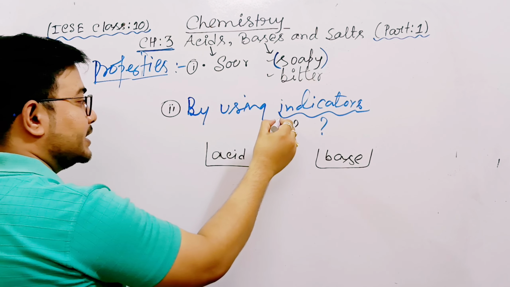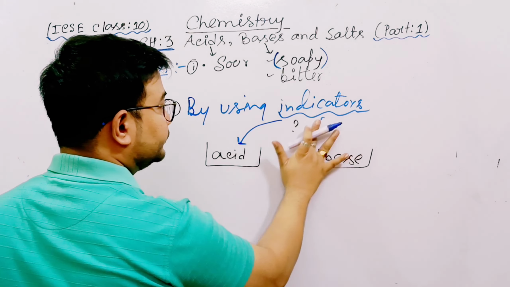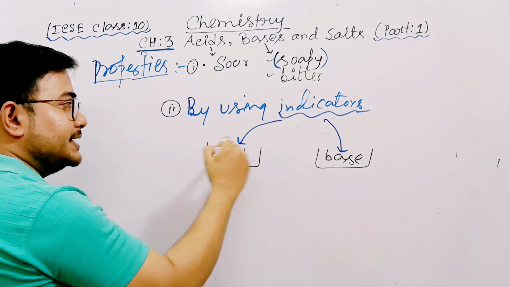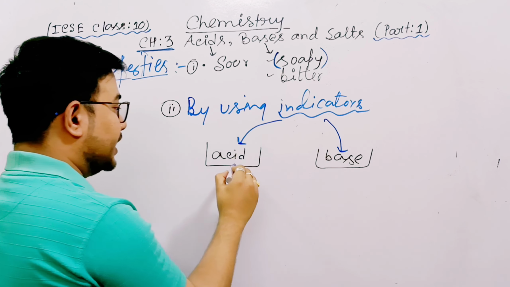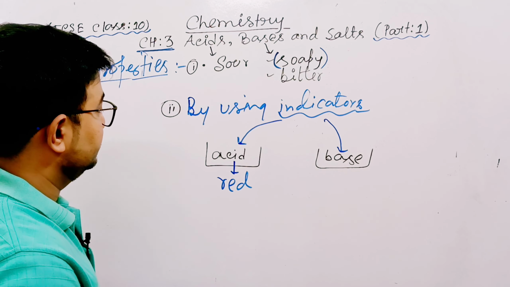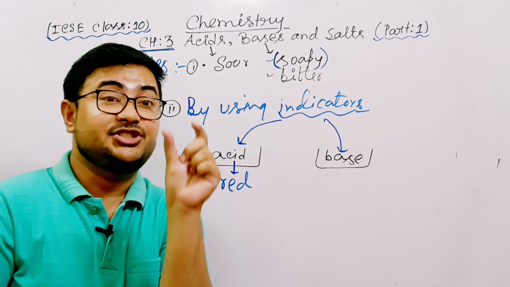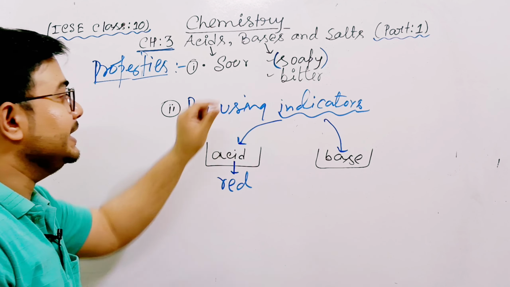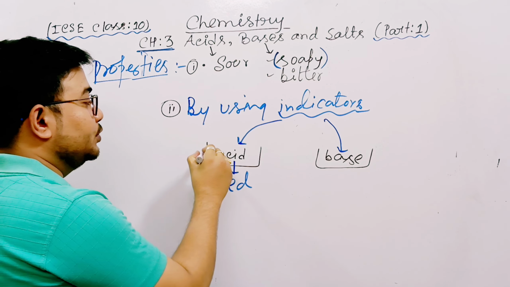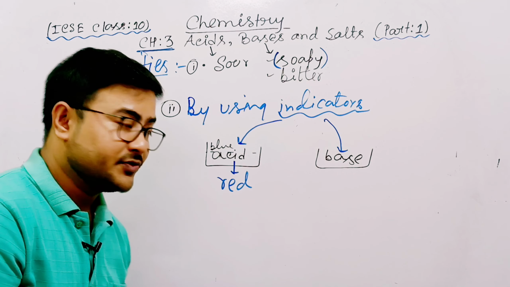Now whenever you add a suitable indicator into an acid or a base, in acid generally the indicator is converted to red color. Try to understand it, I use the term generally. Suppose the indicator solution is blue in color, it is converted to red in acid.